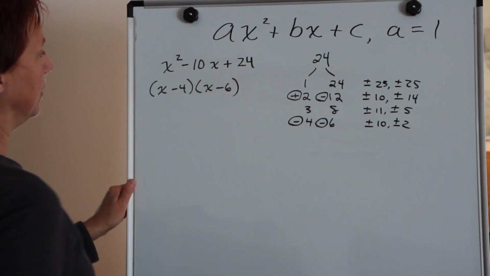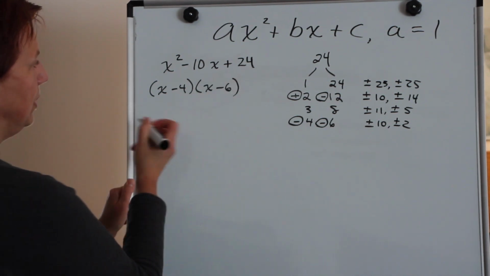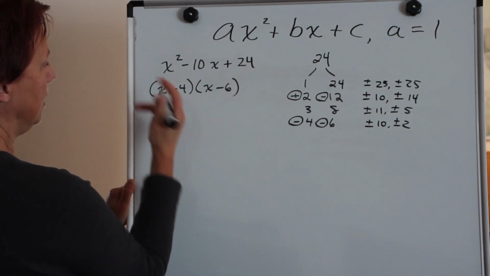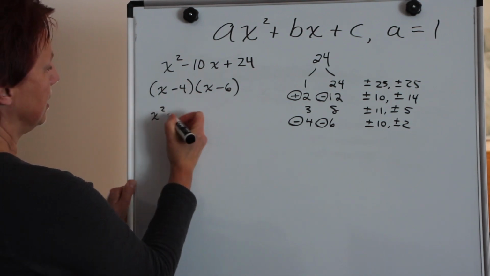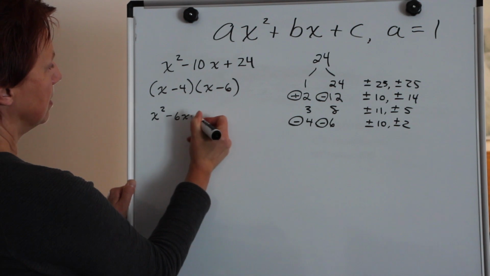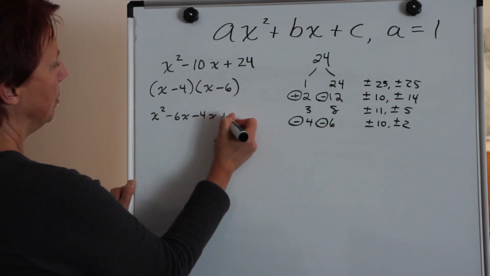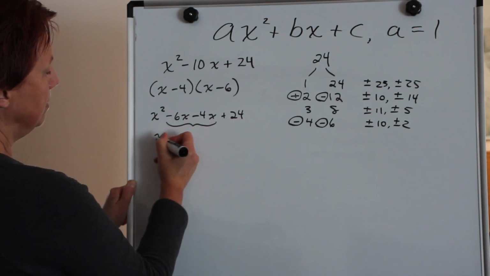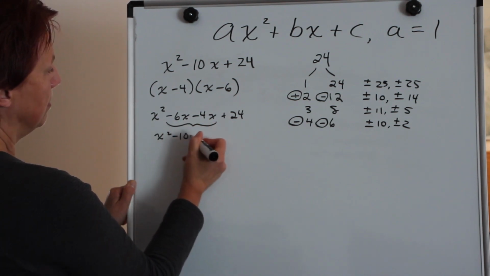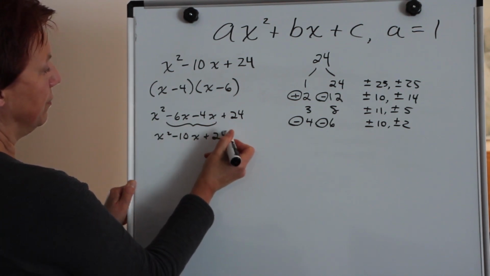And we're done, okay? Now, if we multiply this out, we should get back here again. Otherwise, we've done something wrong. So we get x squared, x times x, minus 6x minus 4x plus 24. The middle terms will combine to give us x squared minus 10x plus 24.